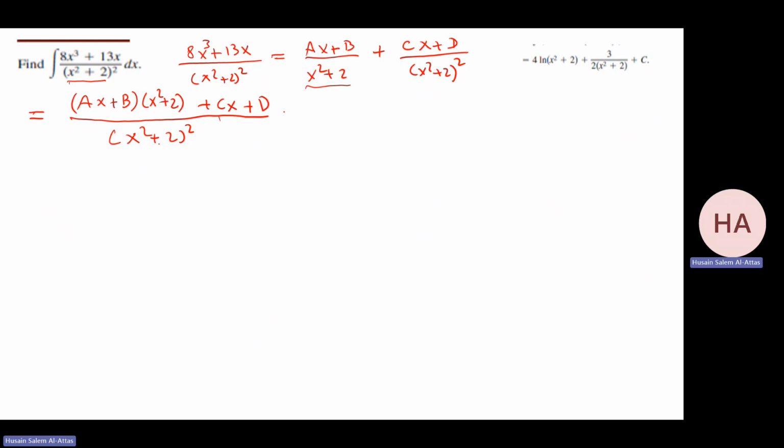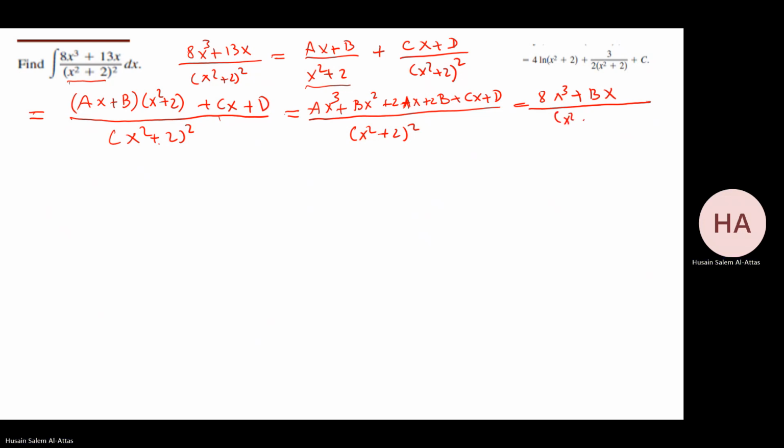Now do the calculation. That gives me ax cubed plus bx squared plus 2ax plus 2b plus cx plus d, over this. And that should equal, let me write it in front of it. So what about x cubed?